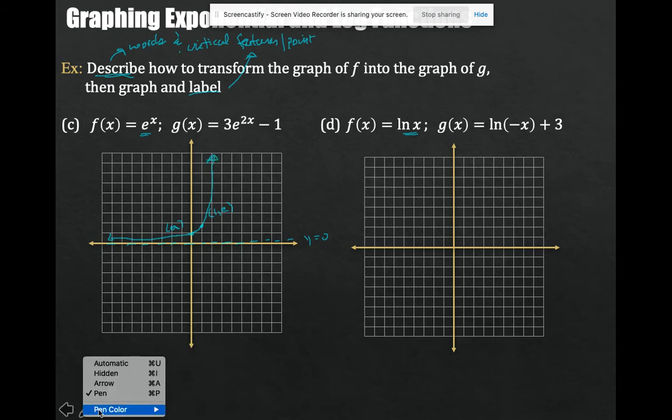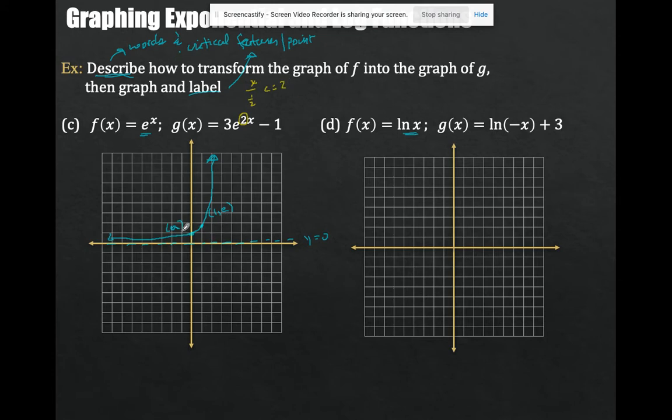Now, what has happened to the graph? Domain first. C is not 2, right? You remember our horizontal transformations? Horizontal transformations means that this was really x over 1/2. C is actually 2.